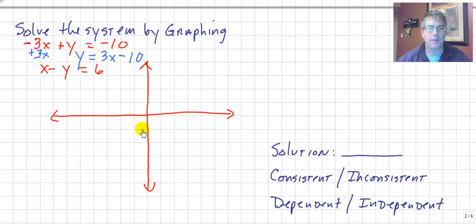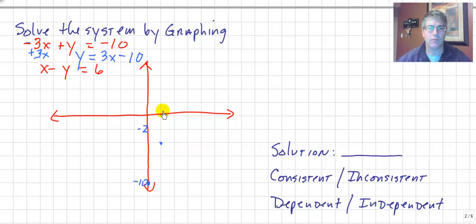So my y-intercept is down at -10, so I'm going to count by 2's: -2, -4, -6, -8, -10, and I'll rise 3 and run 1, so that must mean I'll rise 6 and run 2.